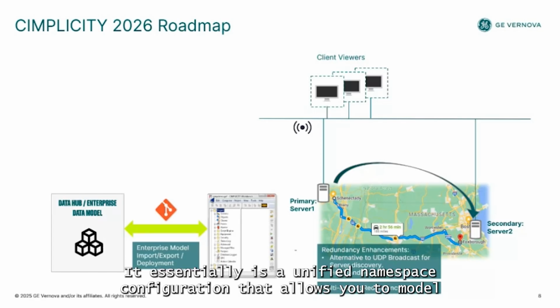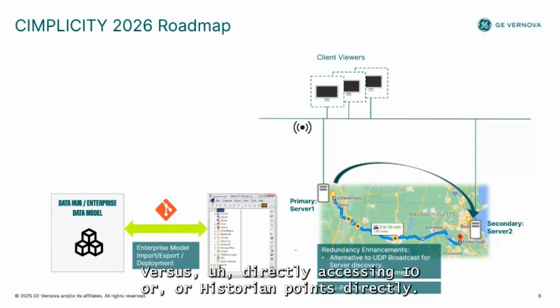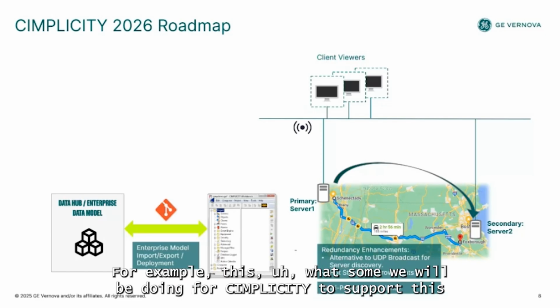It essentially is a unified namespace configuration that allows you to model your data and then access that data in a model context versus directly accessing I/O or historian points directly, for example.